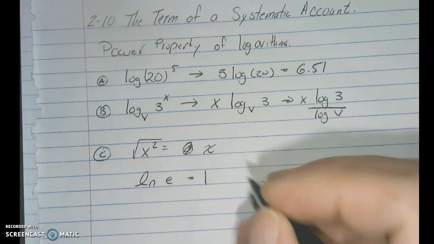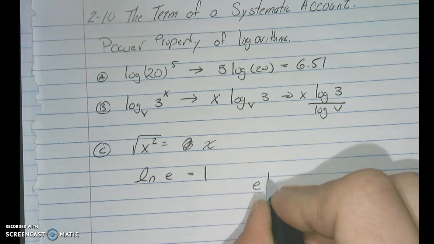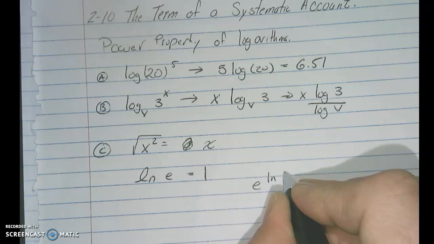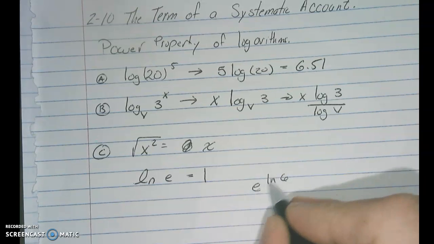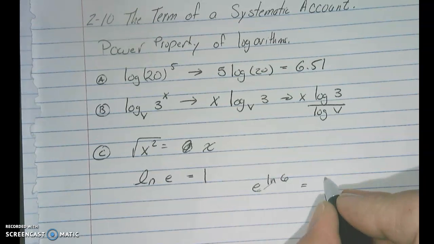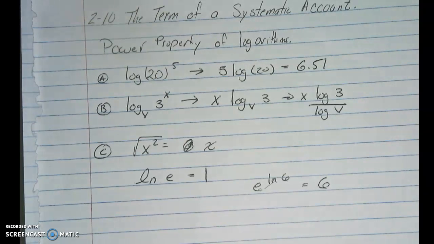And if I have e to the natural log of, say, 6, these two undo each other, so we're left with just 6. So the natural log and the e function undo each other, okay? Got that part?